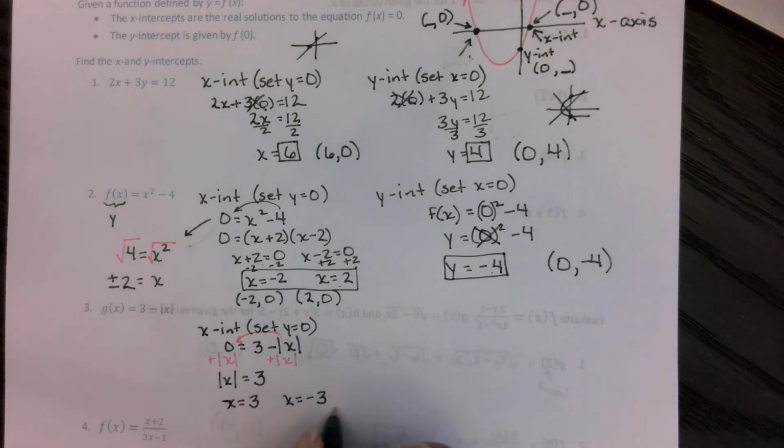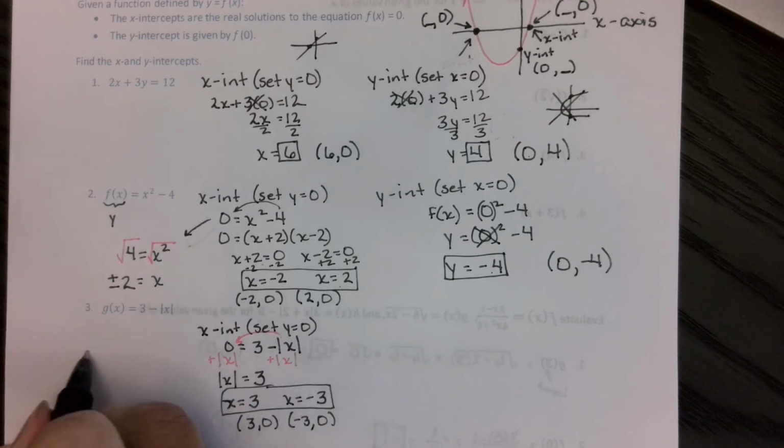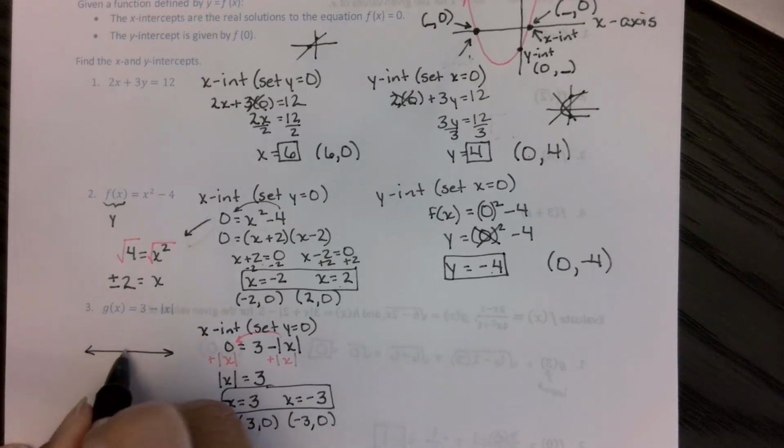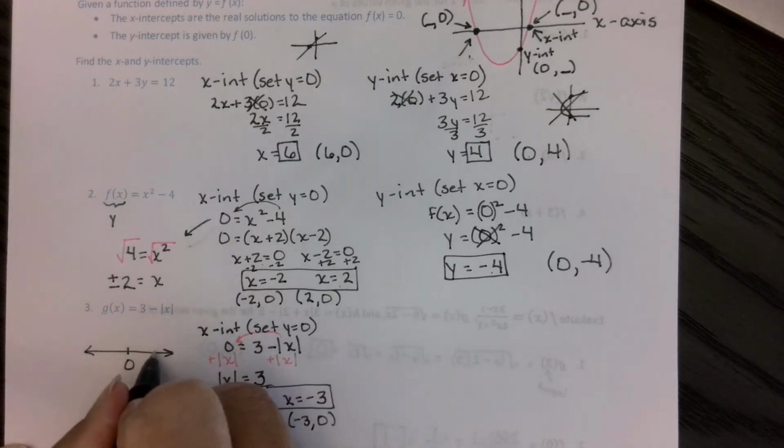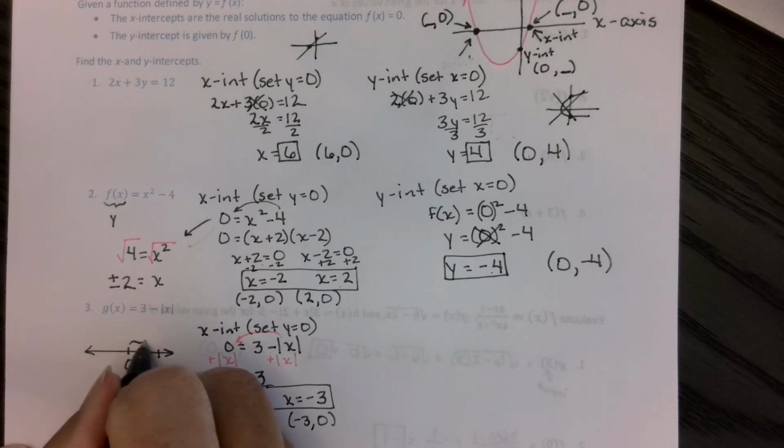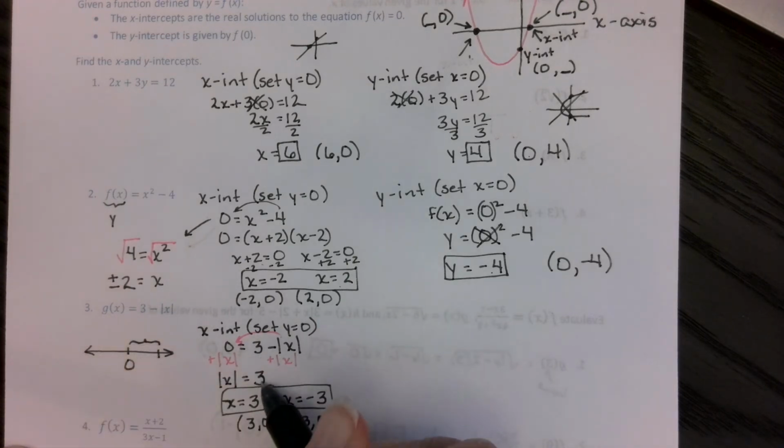So again, 3 and negative 3 is probably what they want, but an ordered pair would be 3, 0 and negative 3, 0. Now the reason you have both of these is because, remember, absolute value is the distance from 0. Well, here's 0. You've got a number over here to the right 3 units away.